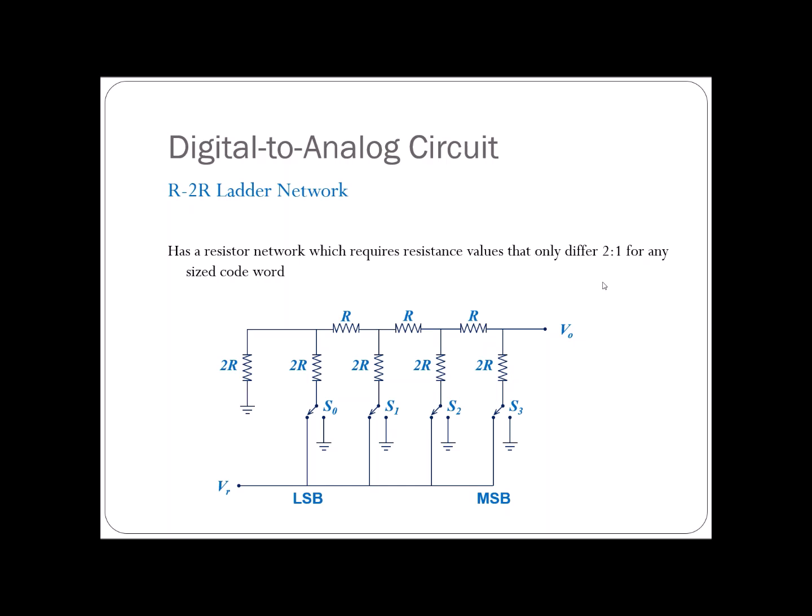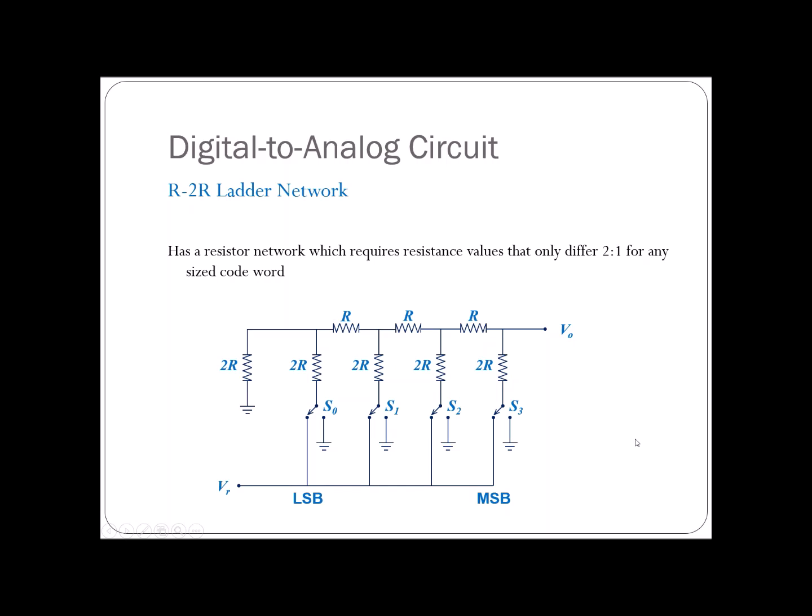As an alternative, for the digital to analog converter, we use this network, this circuit, which we call an R2R ladder. So how does it work? The nice thing about this network, the first thing that I can mention, and you can immediately see, is that you only use 2 types of resistors, R and 2R.